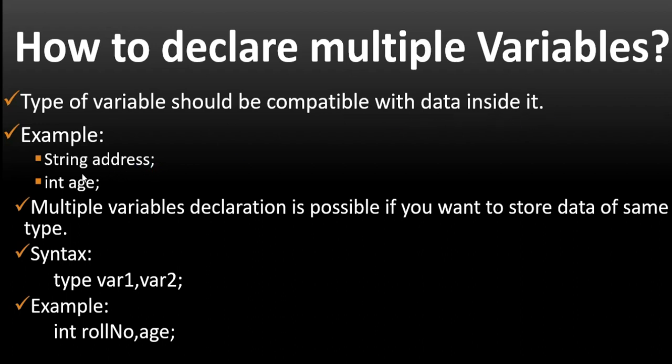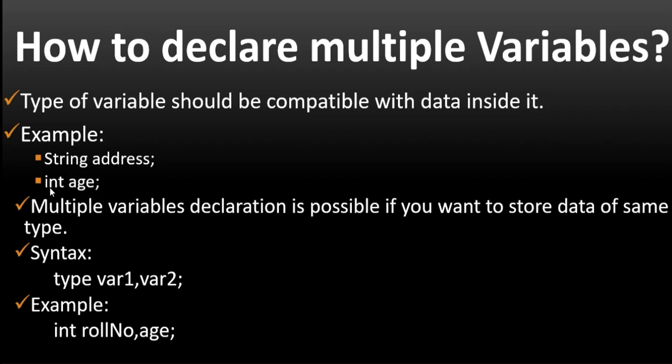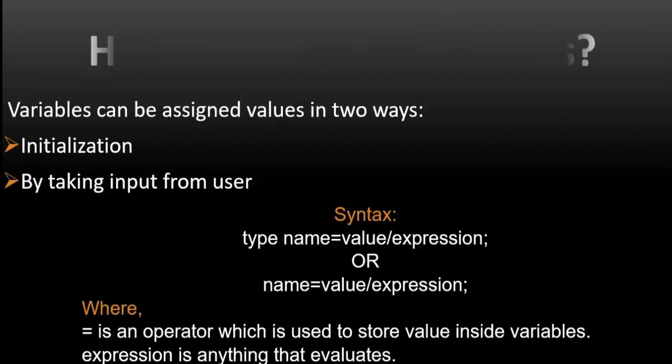For example, if I have declared a variable of type string, I can't store an integer value in that. If I have declared a variable of type integer, I can't store a string into that. So the variable should be compatible with the data which you are storing in it.